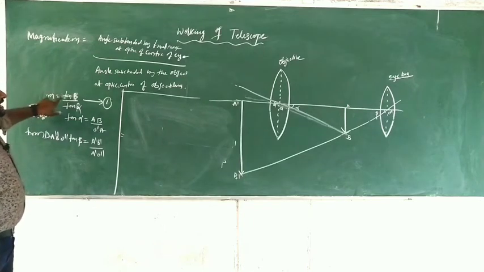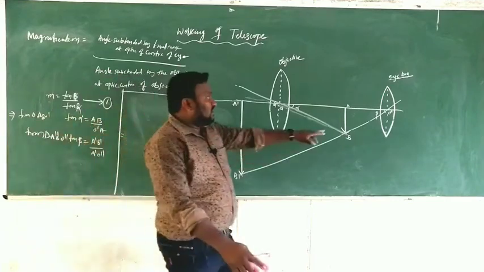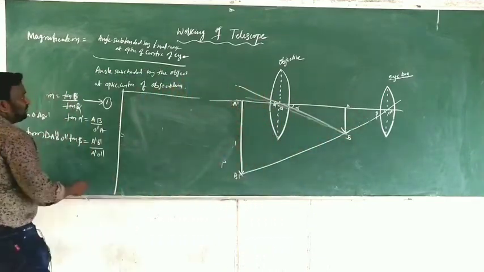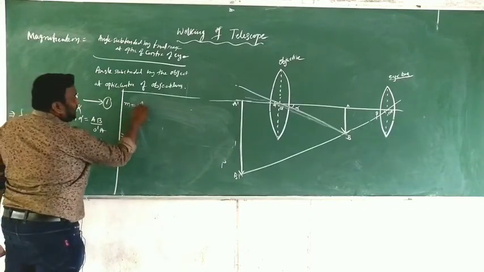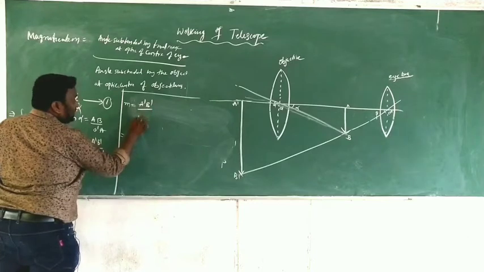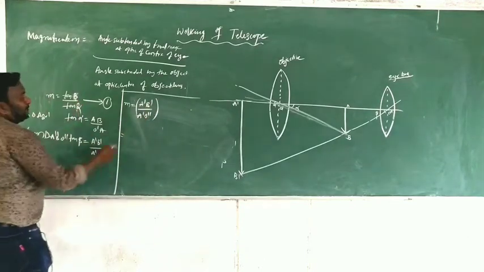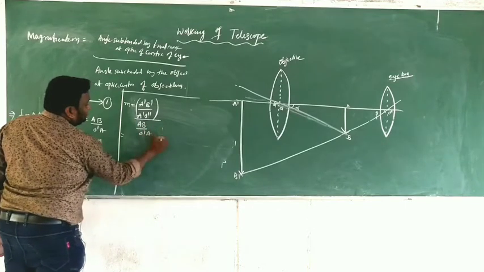M is equal to tan beta by tan alpha. If you take this as alpha, then it is clear, no problem. So here M is equal to tan beta, whose value is A dash B dash by A dash O double dash, divided by AB by O dash A.